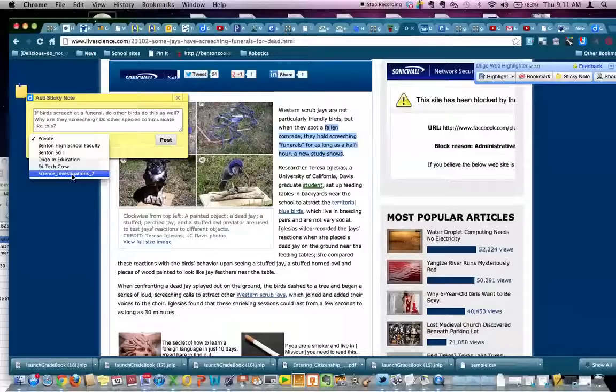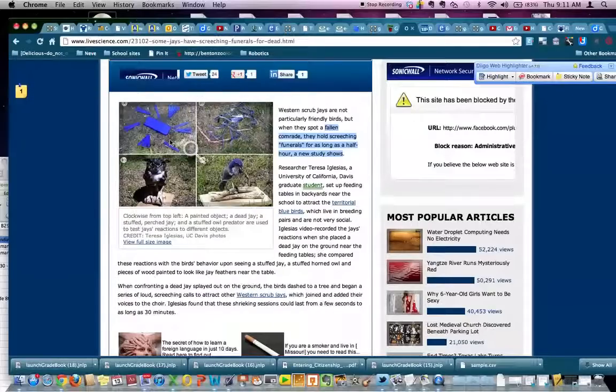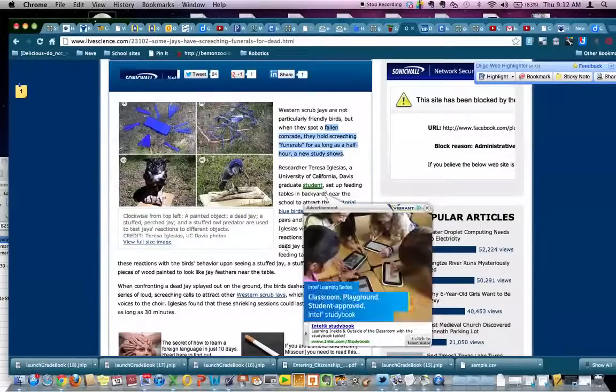So you can actually just pull that down and then post, and then everybody in that group will actually be able to see your post-it note and your highlights. And so this will be a great way of looking at articles and figuring out some potential science questions that we could research.